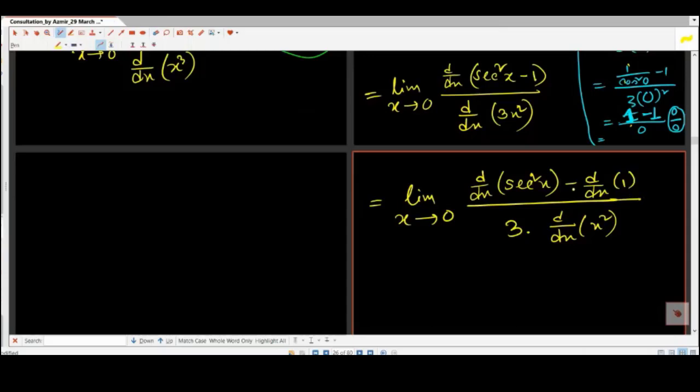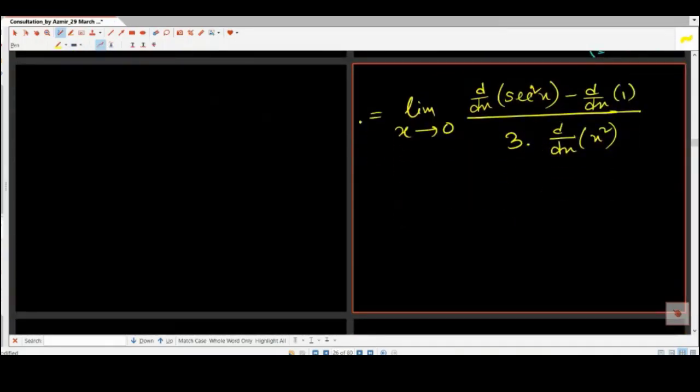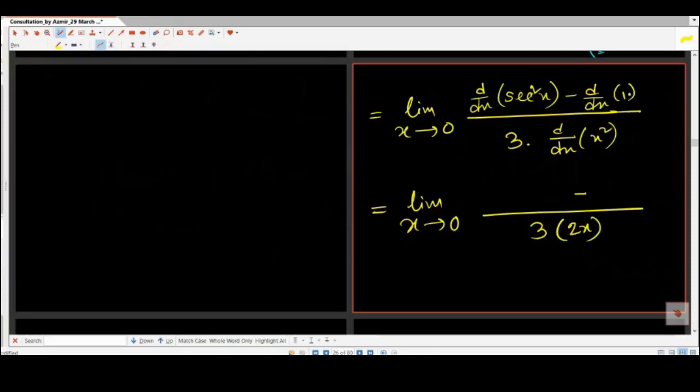This time I am explaining whatever process we have to do here. So limit x tends to 0, 3, differentiation of x squared is 2x, differentiation of 1 is 0.